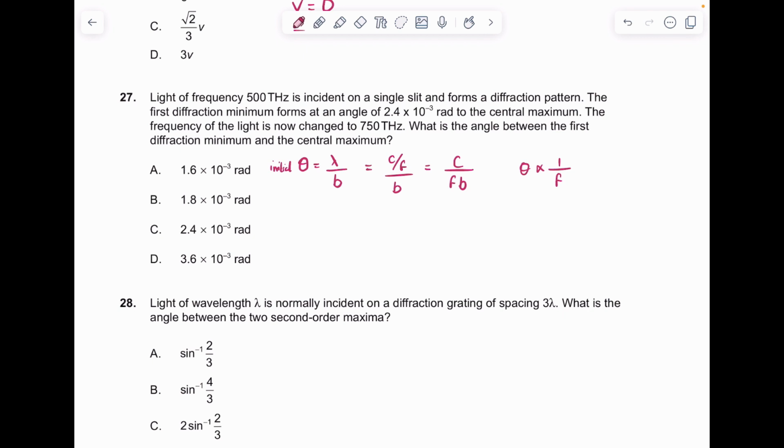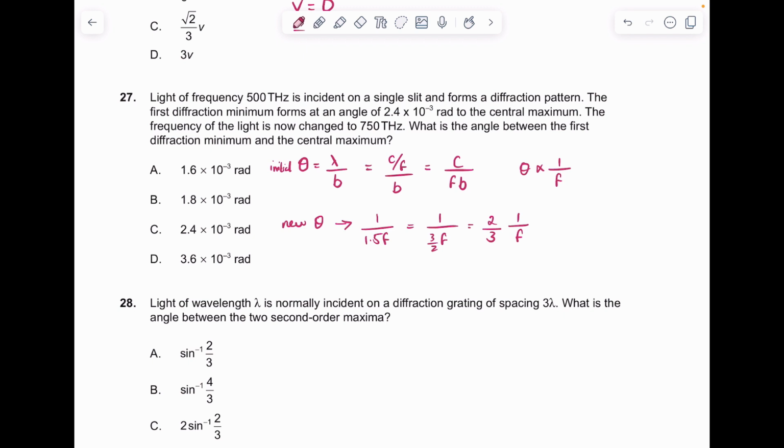So for our new theta, dealing with the 1 over f proportionality, we've gone from 500 terahertz to 750 terahertz, so we've increased this to 1.5 f. Therefore, we are dealing with 1 over 3 over 2 f, so 2 over 3.